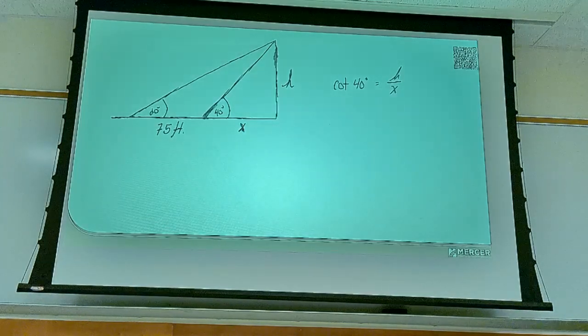We also know that cotangent of 20 degrees has to be h divided by x plus 75.